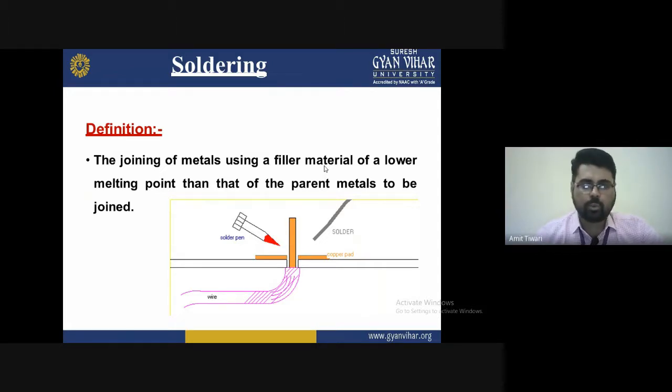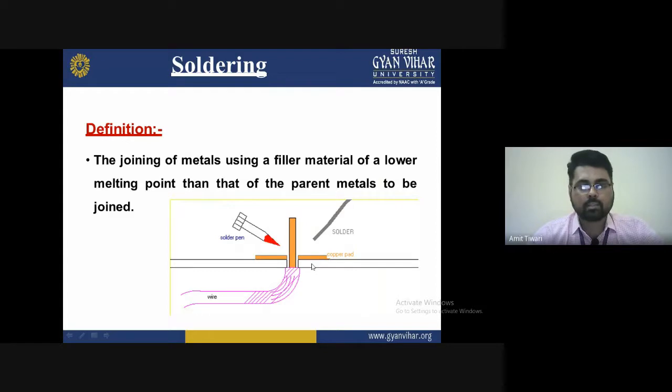Suppose, for example, in this diagram you can see these are the two pieces, and you want to join them together in a single line. So what do you do? You touch the solder to the place and provide heat by passing the oxygen gas flame, and the solder melts. During melting, the solder completely fills up the empty gap, and after the weld solidifies, it becomes a permanent joint.